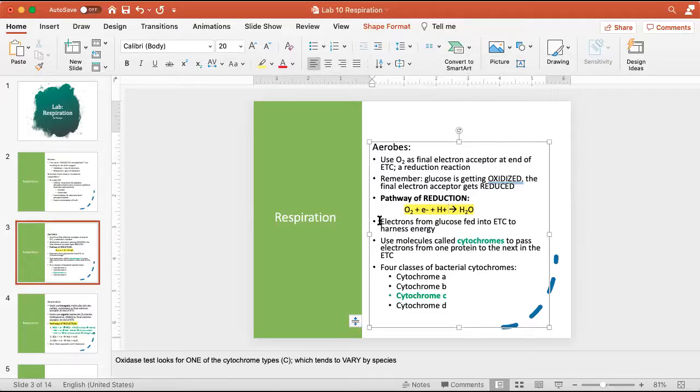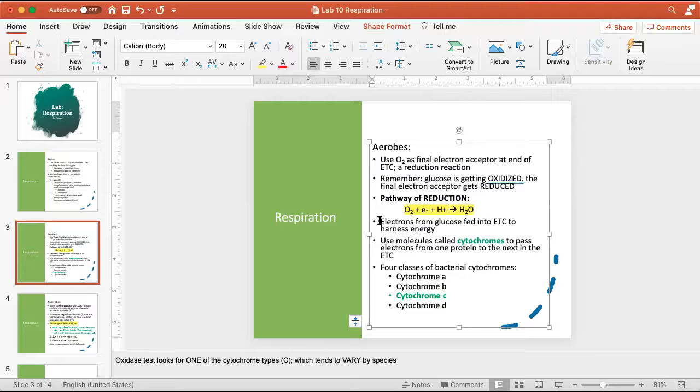That's all a cytochrome is. It's like an assistant. It's taking electrons from one of the proteins in the ETC, and it's passing them on to the next protein. So the cytochrome itself gets reduced and then oxidized. It receives electrons and then it gives them away again.